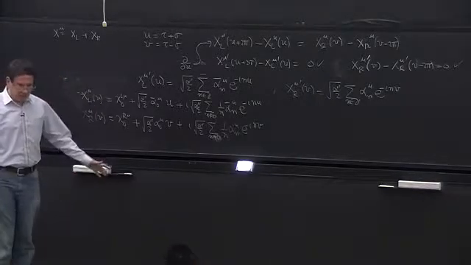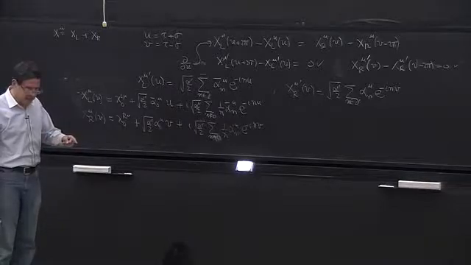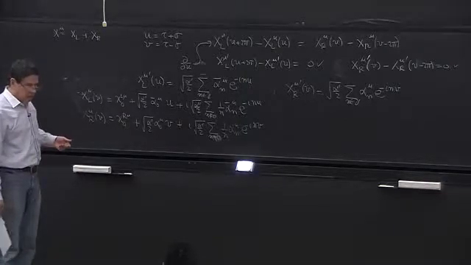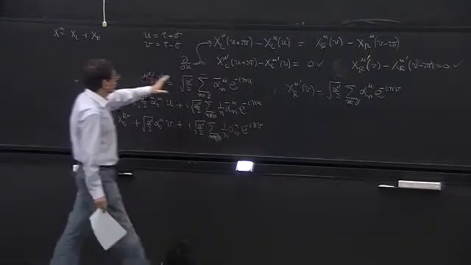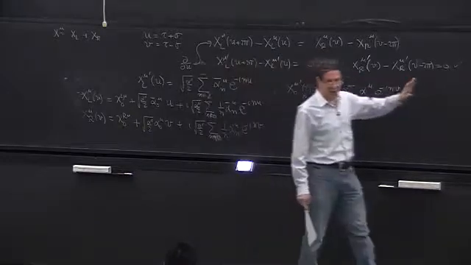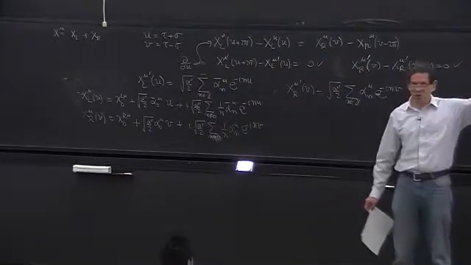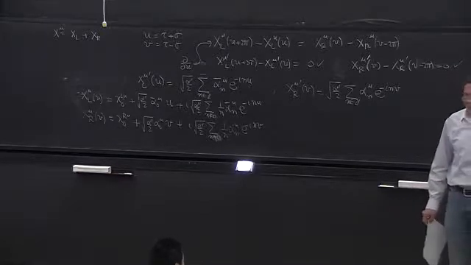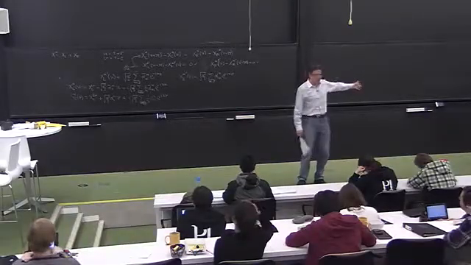Okay, now, yes? I'm sorry, did you repeat the alpha n bar? What is the connection between alpha and alpha bar? There's no connection between alpha n bar and alpha n. They're independent. They're not the complex conjugates of each other, nor the Hermitian conjugates, nor anything. Totally independent.